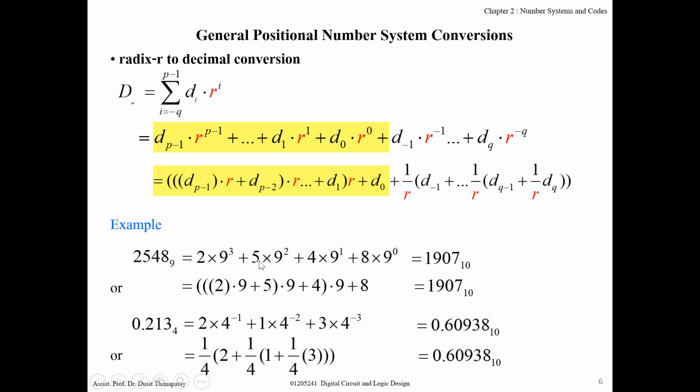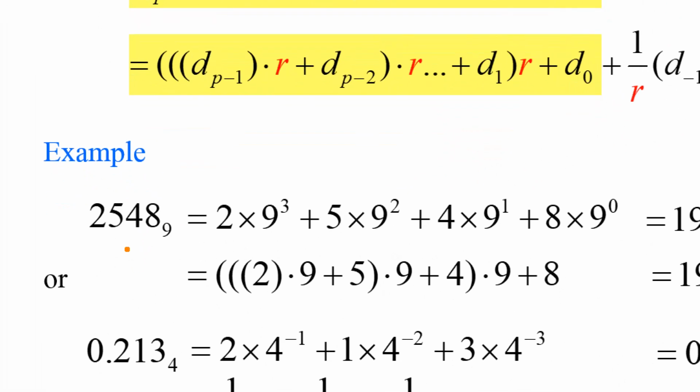Okay. And now how to convert radix r, okay, any radix r to decimal number. It's very easy by using this form. Namely, you just consider each digit as coefficient, multiply radix to the power of something, okay, based on the position.